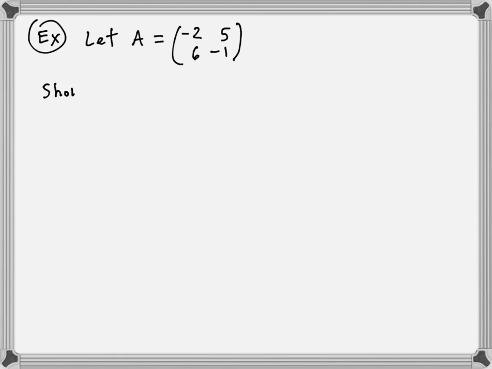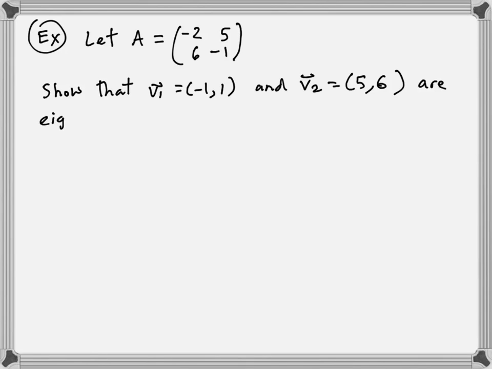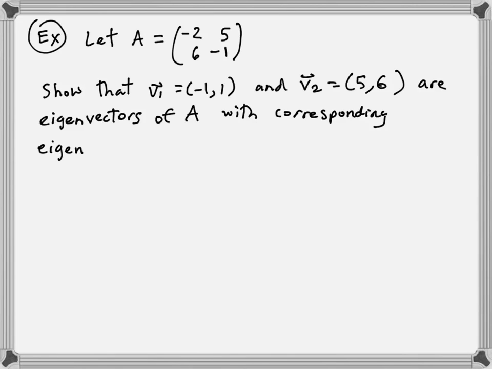We want to show that V1 equals -1, 1, and V2 equals 5, 6, are eigenvectors of A with corresponding eigenvalues lambda 1, which is -7, and lambda 2, which is 4.